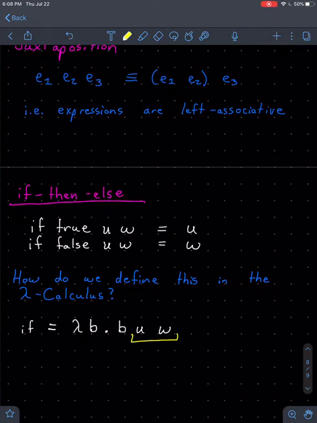Do we have u and w in scope right now? And also right now, this function looks like it only takes one argument.